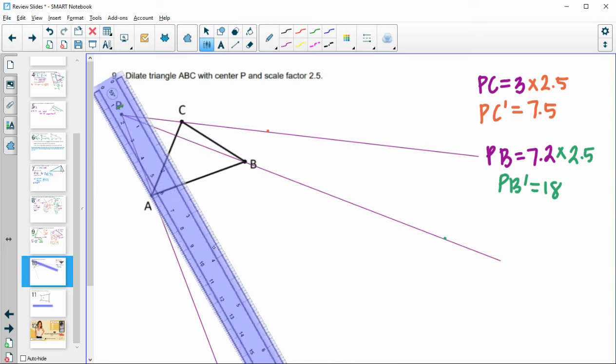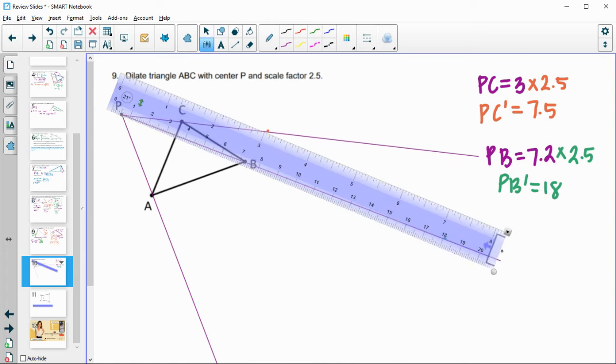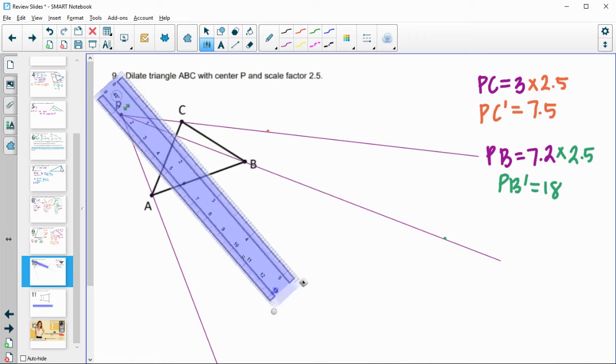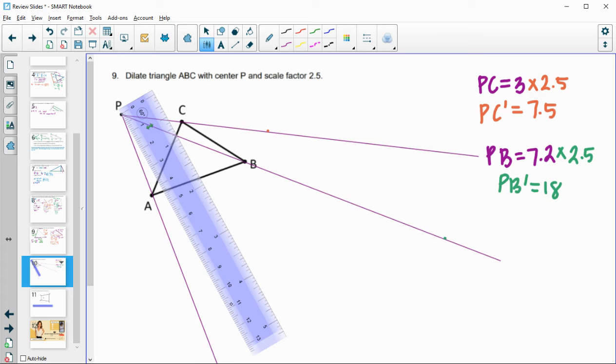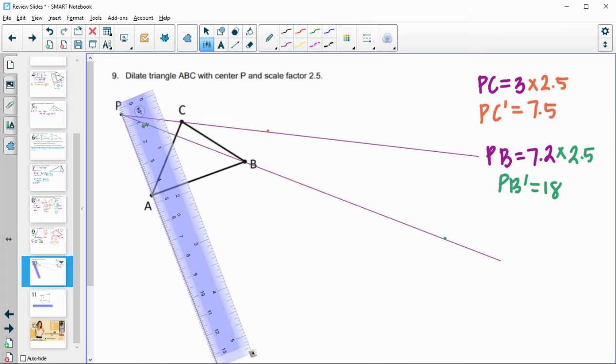Then we're going to turn over to A. Let me make this shorter. Then we're going to go over to A, and make sure that you keep your 0 on here. All right, so P to A is about 4.2.